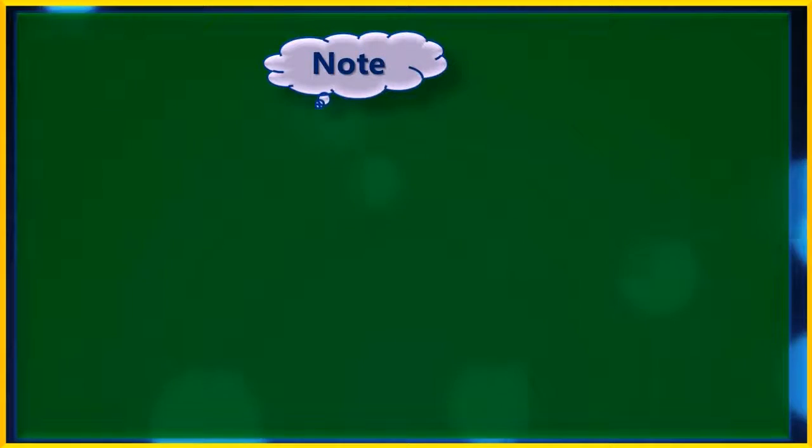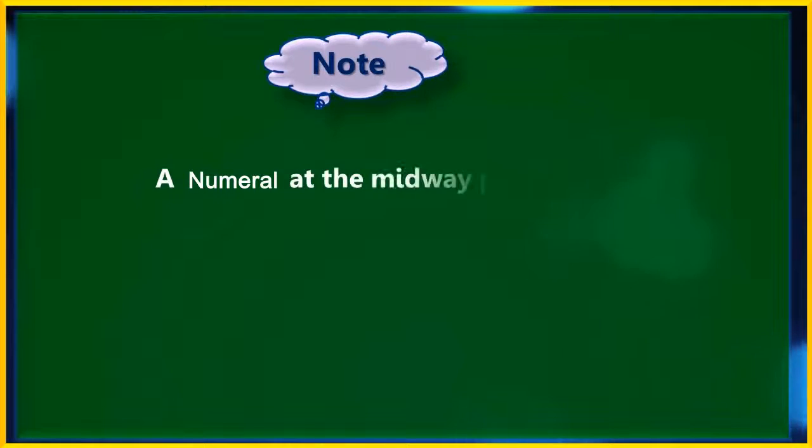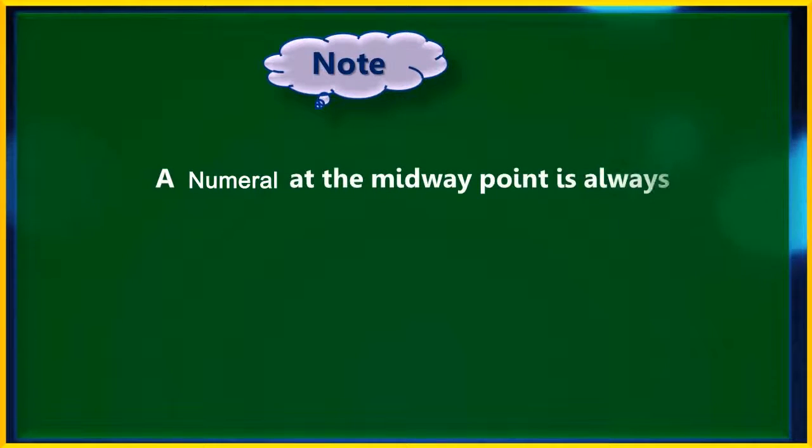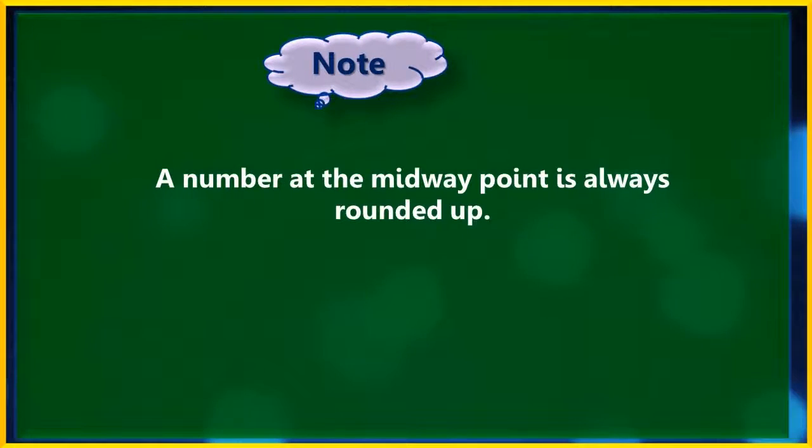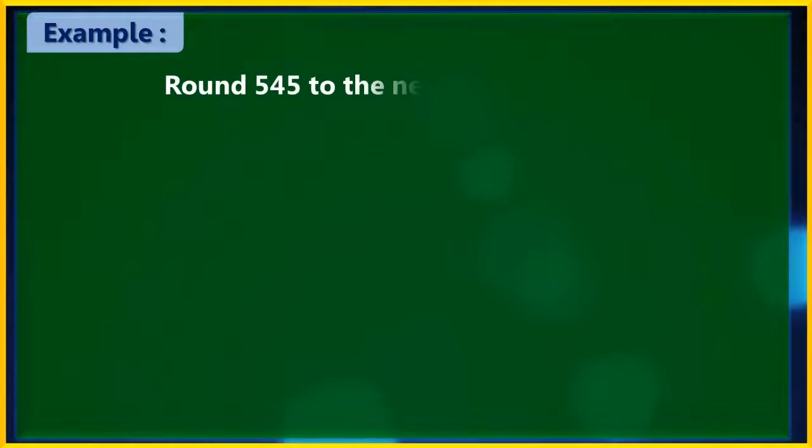An important point about rounding is that a number at the midway point of two numbers is always rounded up. For example, round 545 to the nearest 10.